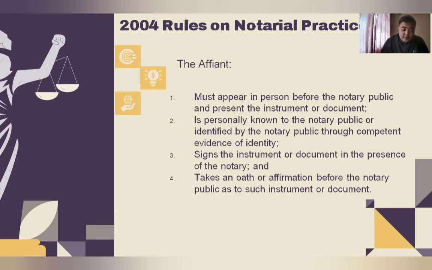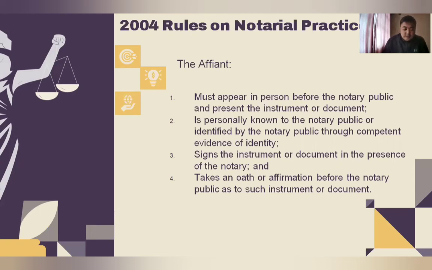And then two, the affiant is personally known to the notary public or identified by the notary public through competent evidence of identity. Three, the affiant must sign the instrument or affidavit in the presence of the notary. And then four, the affiant takes an oath or affirmation before the notary public as to such instrument or document.